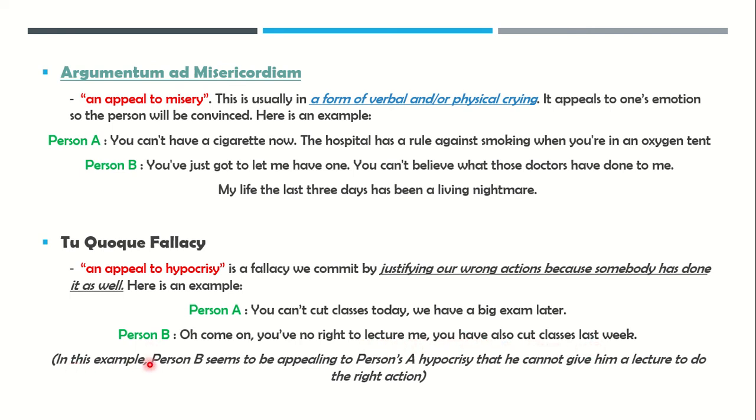So in this example, person B appeals to person A's hypocrisy, that he cannot lecture him to do the right action. So bali, counteract dayon nato ang statement ni person A by basing on the action that person A also committed. Now, same also with this example. So, ana si mama: You should stop smoking. It's harmful to your health.